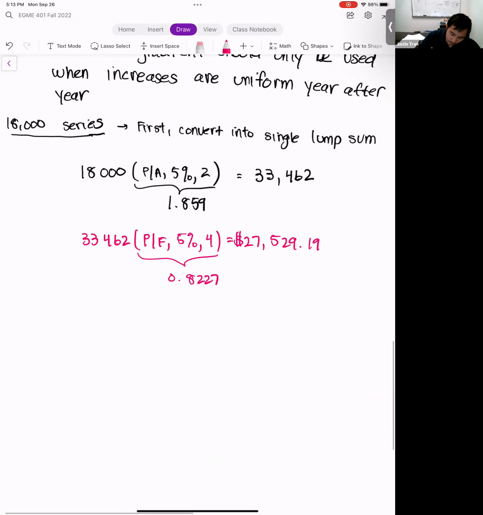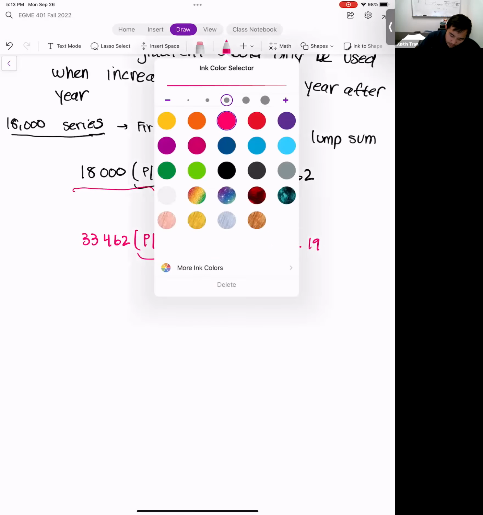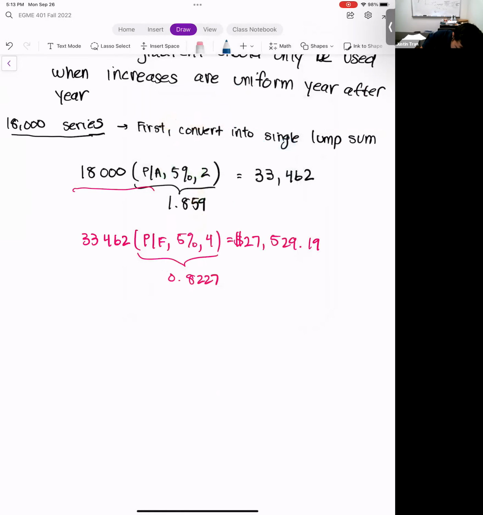And so another way that we can obtain this is we can start with our original expression here and multiply our second conversion. Okay. And so we started with 18,000. First thing we did was P over A, 5% 2. Okay. And then we're going to add our second conversion factor here, which we added in the second step.